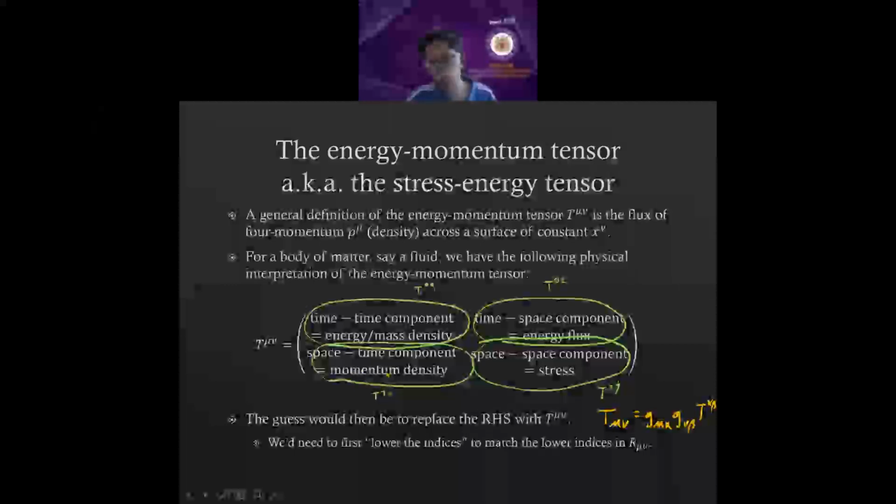This component describes the momentum density, right? And I'm going to use this definition. Yeah, so remember this definition. The tensor component is the flux of the momentum density, of the four momentum density across a surface of constant x nu.